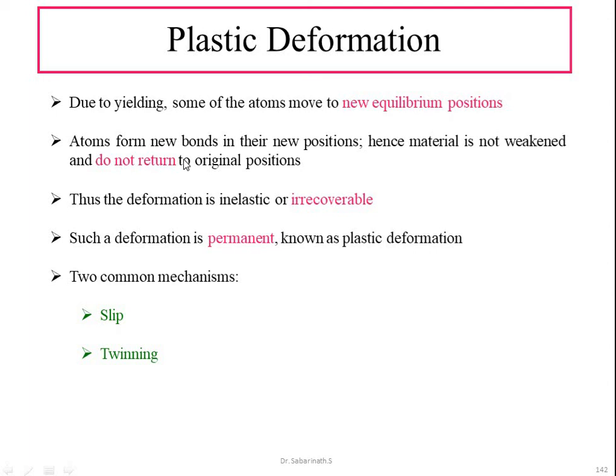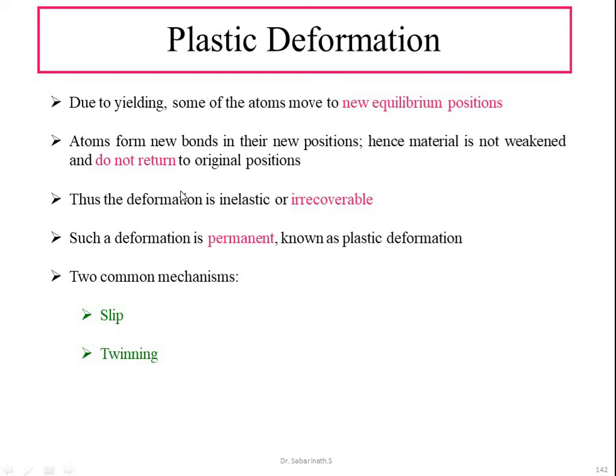That means the internal forces, or interatomic or intermolecular forces, will not be sufficient to balance those forces, and these atoms will move to the new position and make new bonds. Since new bonds are made, the material's shape will change or some deformation will happen, and it will not return to the original position.